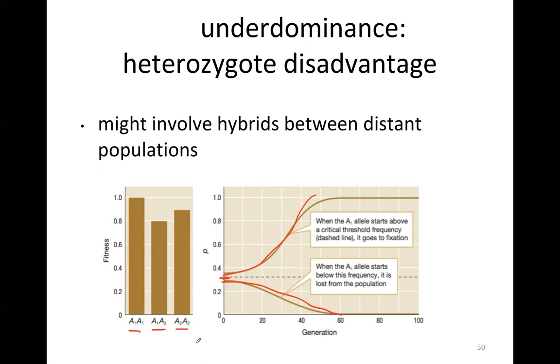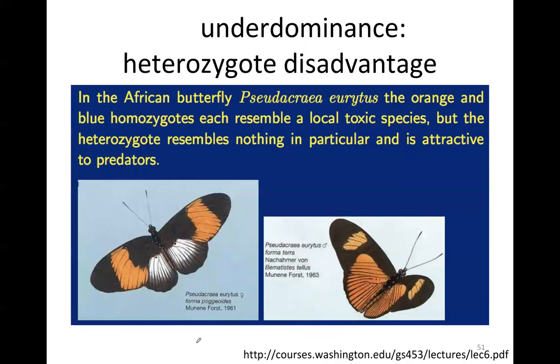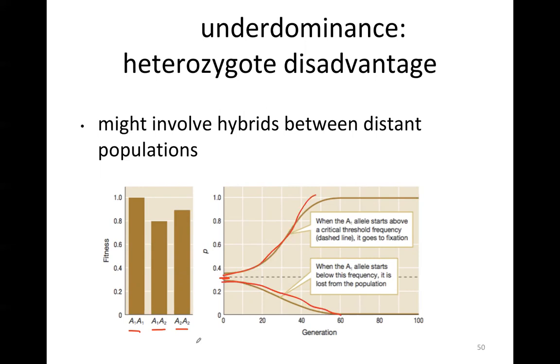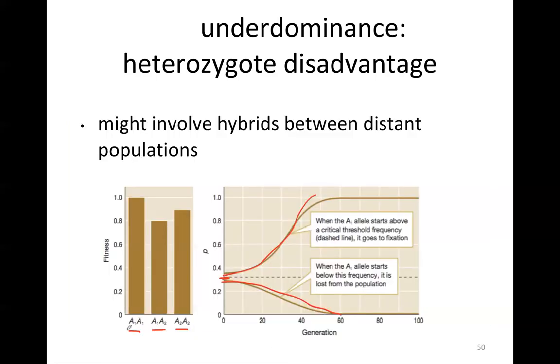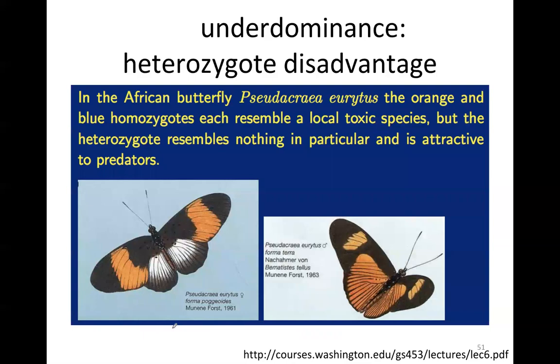We can see examples of underdominance when lineages, populations, or closely related species mate: individuals of either type are well fit and adapted, but the hybrids sometimes have lower fitness. An example is a butterfly.